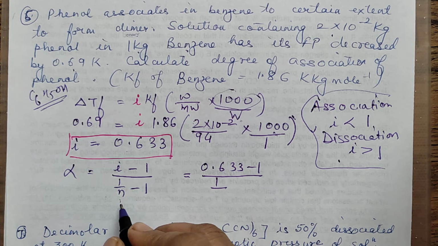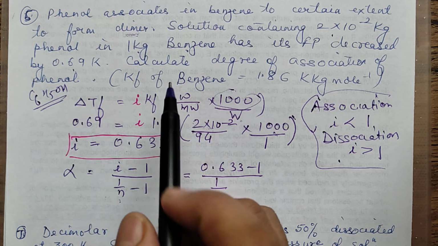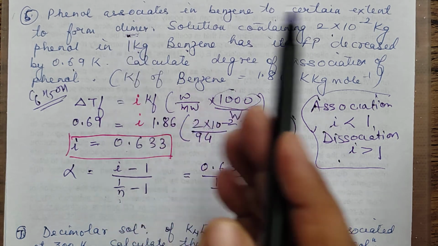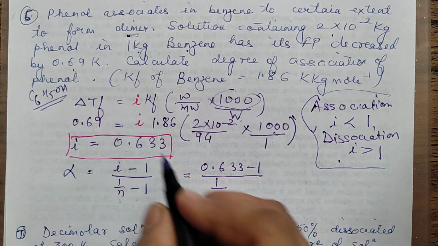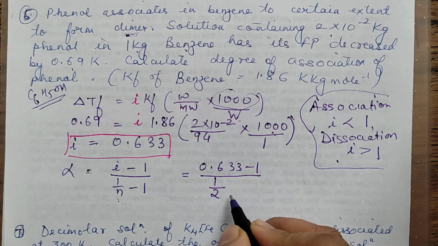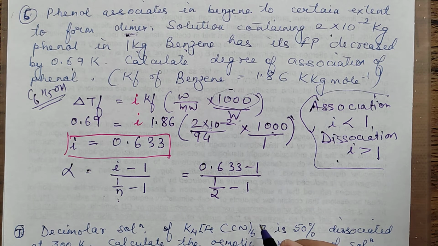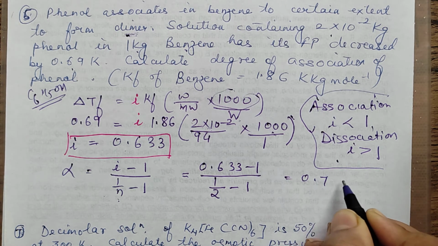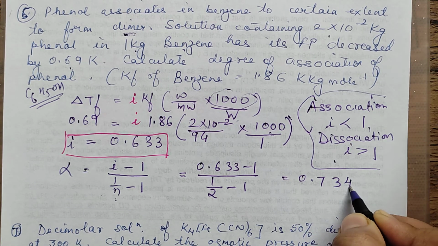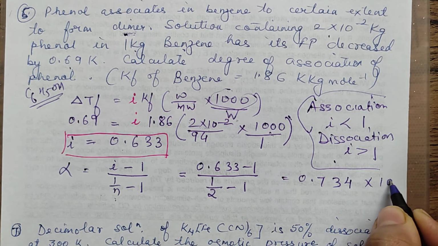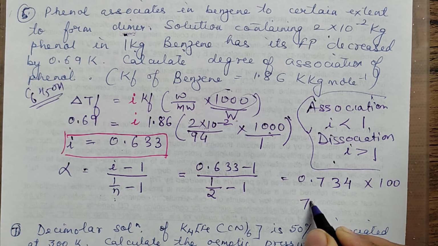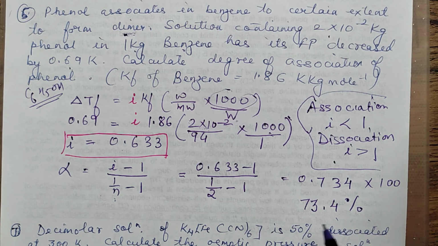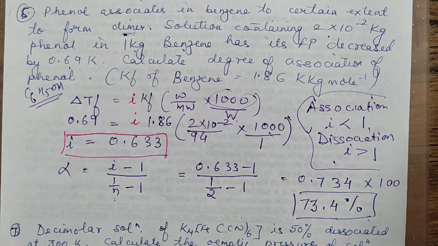In dissociation we were taking how many particles formed. Here how many are getting associated? 2 are getting associated. So n is 2, so 1 by 2 minus 1. If you solve this, the alpha value comes out to be 0.734. And if they are asking you in percentage, you multiply and you get 73.4%. Clear? This is our answer.